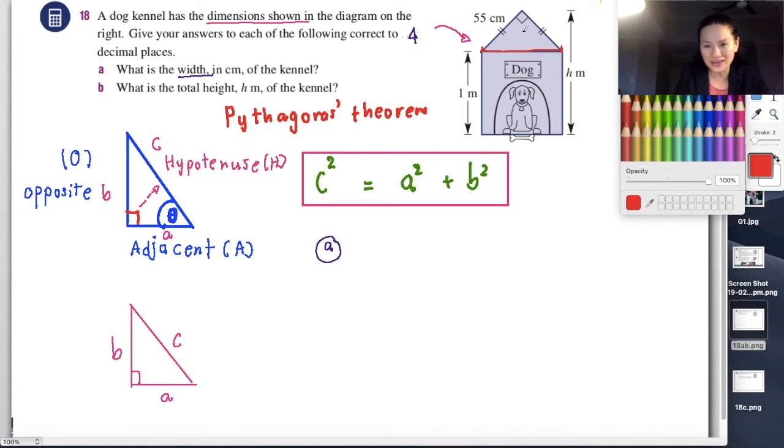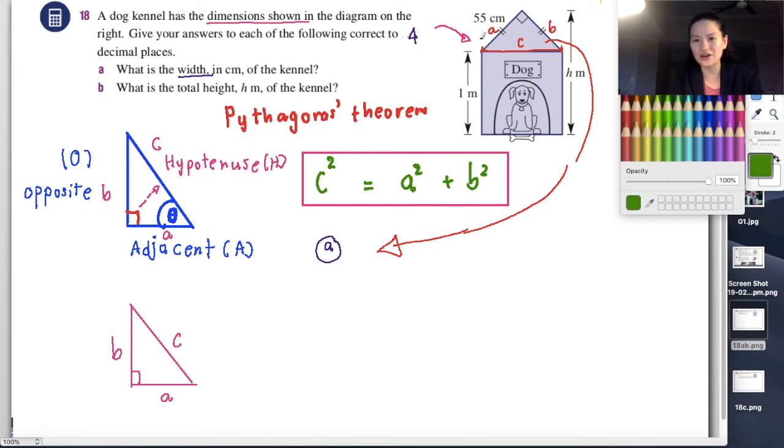I put this picture. I could say it could be C here, A here, and B here. But I'm going to write it down again here for you so you can see it easier. Again, I use the green color.